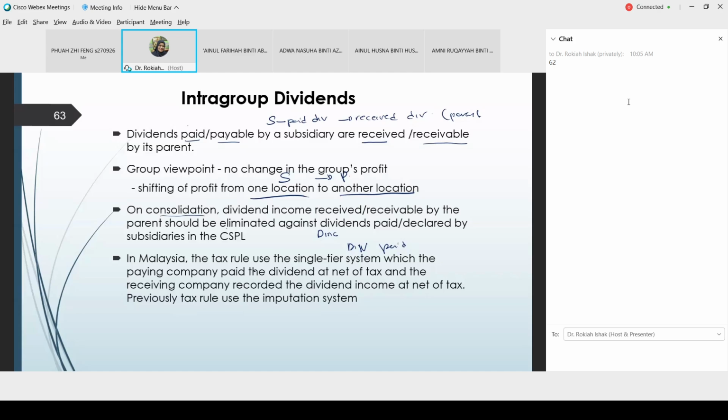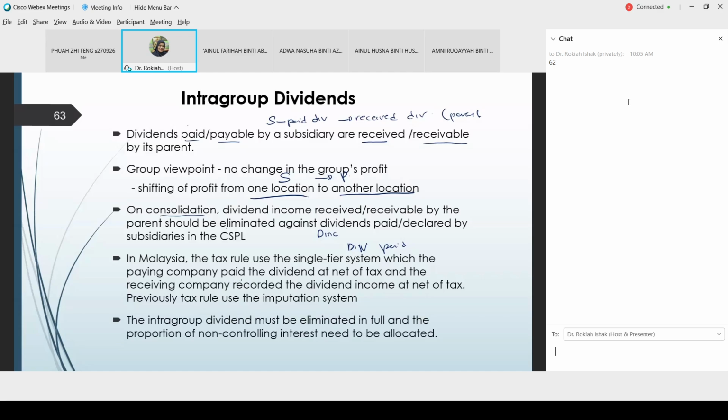In Malaysia, the tax rule uses a single tier system, in which the paying company pays the dividend net after tax, and the receiving company records the dividend income also net after tax. So there is no tax effect for a dividend. In the income statement you have profit, minus tax, and then net profit.